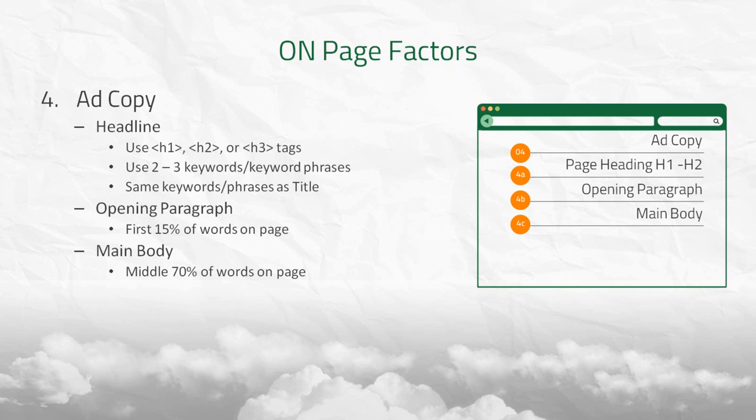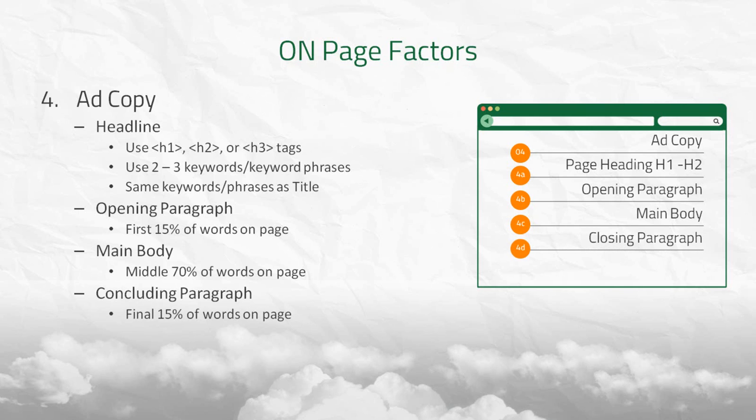The main body, which is 70% of the content, is probably about 4, 5, 6 paragraphs, again depending on how many words you have. And then lastly, you have the concluding paragraph, which is about 15% of the words on the page. That's usually 1 to 2 paragraphs, again depending on how many words you have.